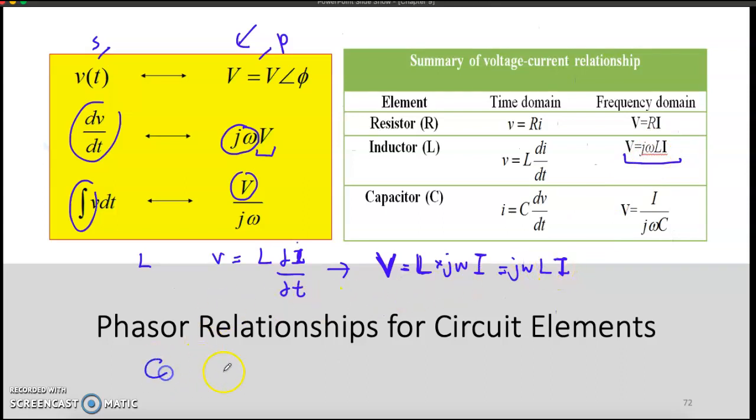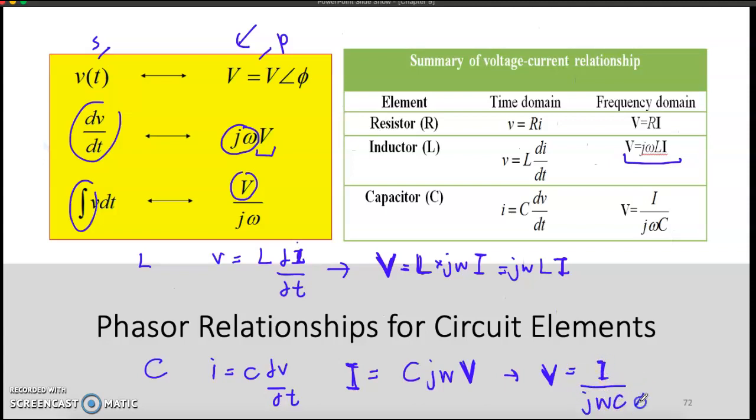How about the capacitor? You know the formula of the capacitor is I equals C dV/dt. So let's transform to the phasor form. I is equal to C, and now it is a differentiation, right? So it becomes j omega C V. If we want it in terms of the voltage, it is actually I over j omega C. So this is how you present it in the phasor or frequency domain.